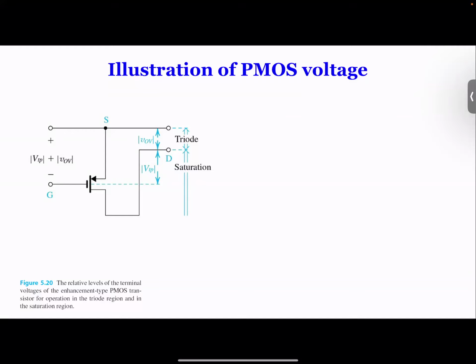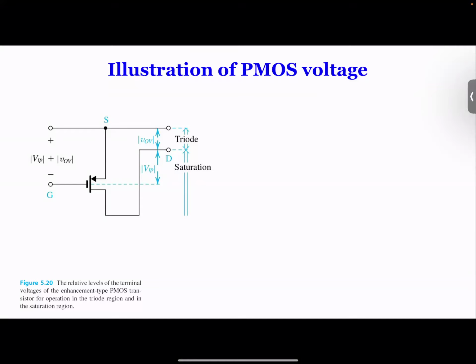And once you do that, the equations are exactly the same. And this diagram shows an illustration of how you make the transistor conduct and how you make it work in the saturation region. So it's similar, basically, VS has to be larger than VG.